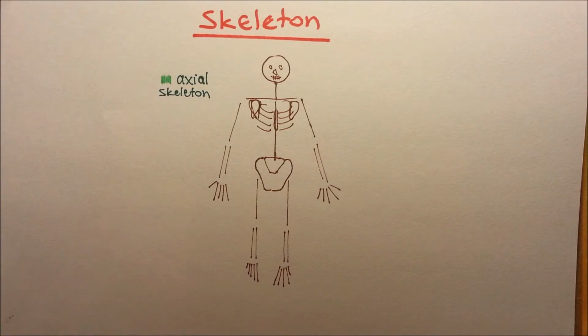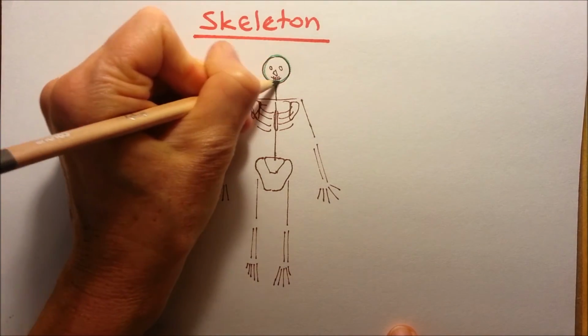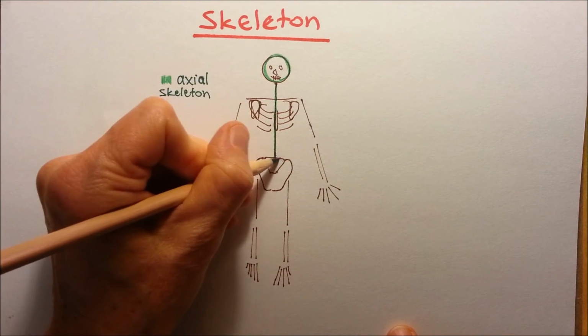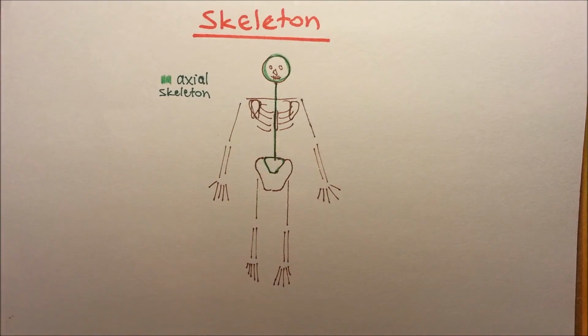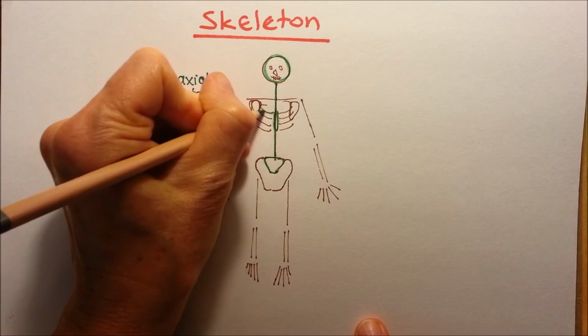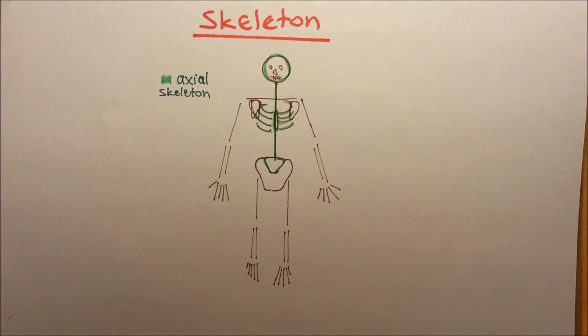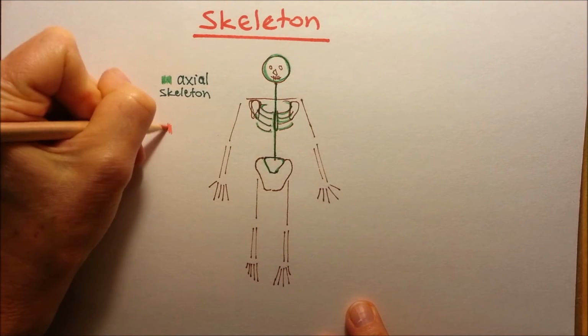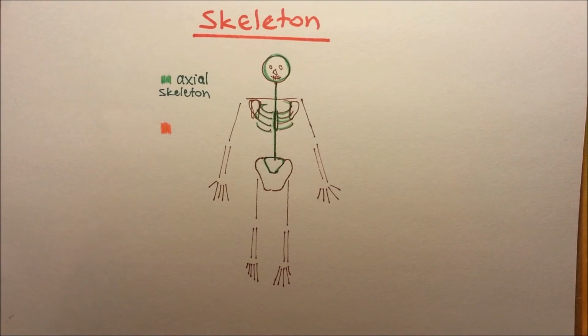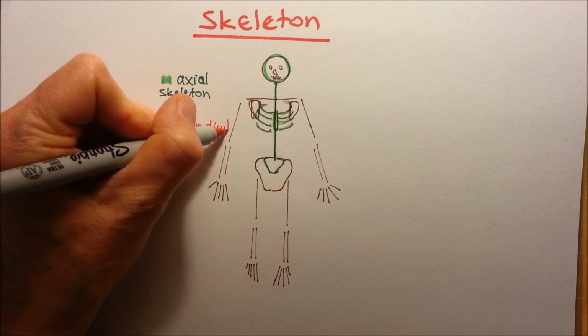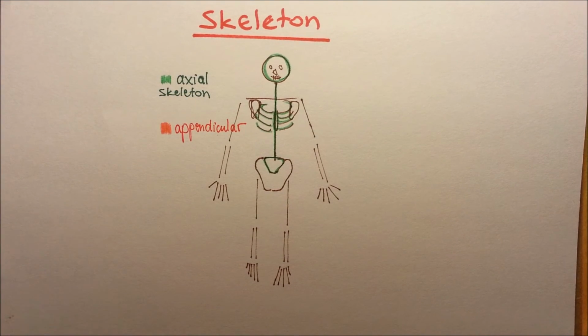So, green is the axial skeleton. Axial skeleton is the bones around the central cavities: the skull, the vertebrae, the sternum, as well as the ribs and the sacrum in the pelvis area. The red one, what I will use red color for, is the appendicular skeleton.